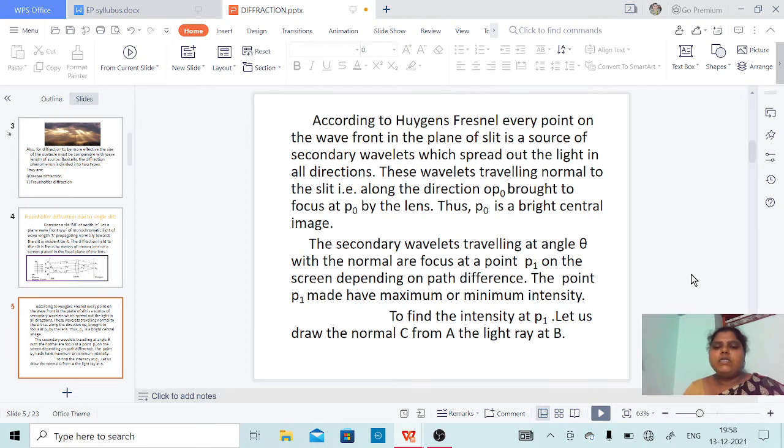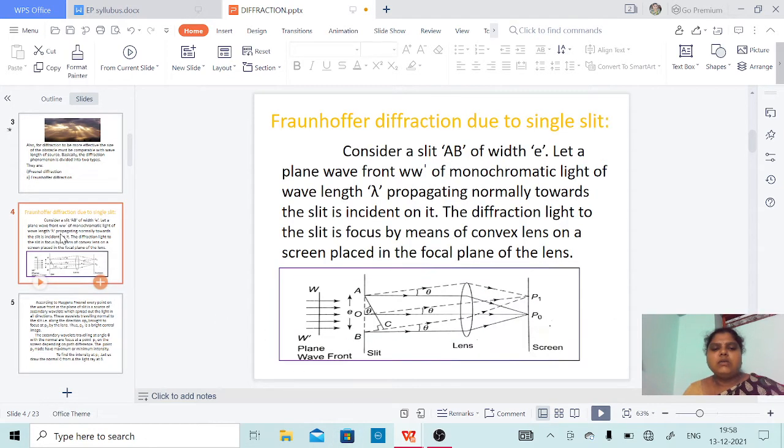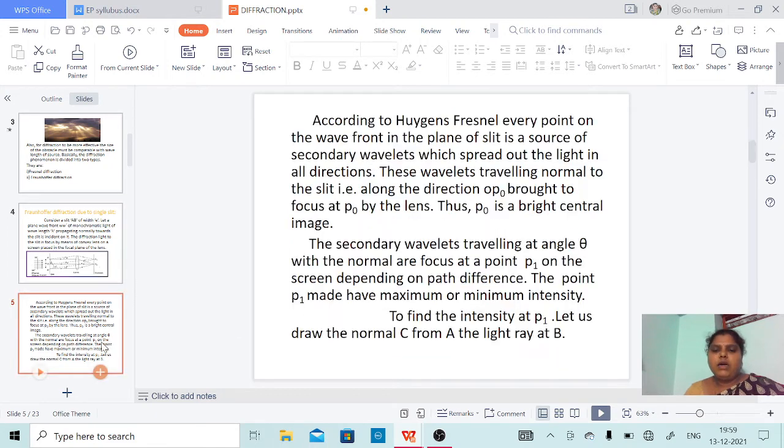So these wavelets traveling normal to the slit, that is along the direction OP0, are brought to focus at P0 by the lens. This P0 is a bright central image. So this is all due to the secondary wavelets, and I already said that P0 is a maxima and P1 is a minima.